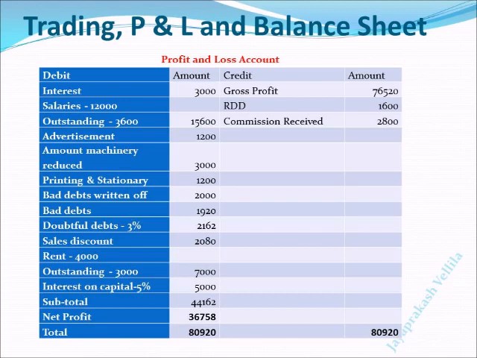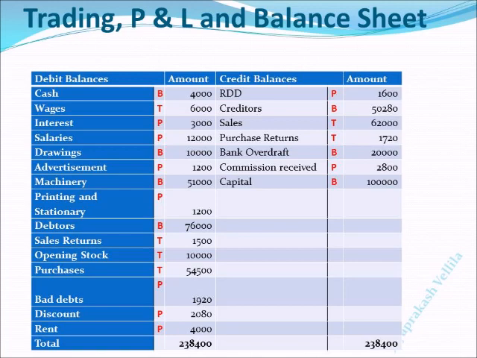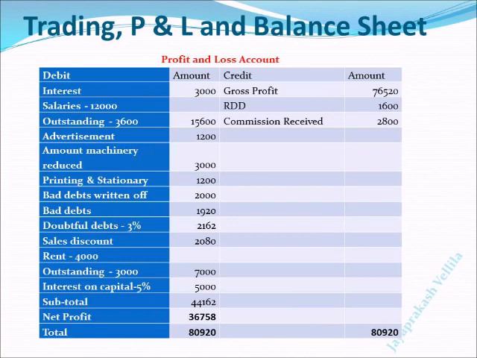Therefore RDD of 1,600 we write on the credit side. Next, as per trial balance, commission received is 2,800. Now on the credit side also we have made all the entries pertaining to the profit and loss account.